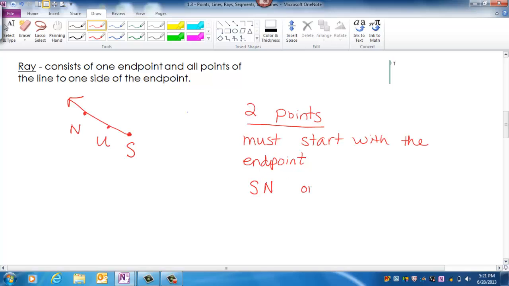So I could write SN or SU. And to just tell for sure that this is a ray, you are going to put an arrow above it, starting at S going through U, or here starting at S going through N. The arrow that's above the points must always go to the right, point to the right.